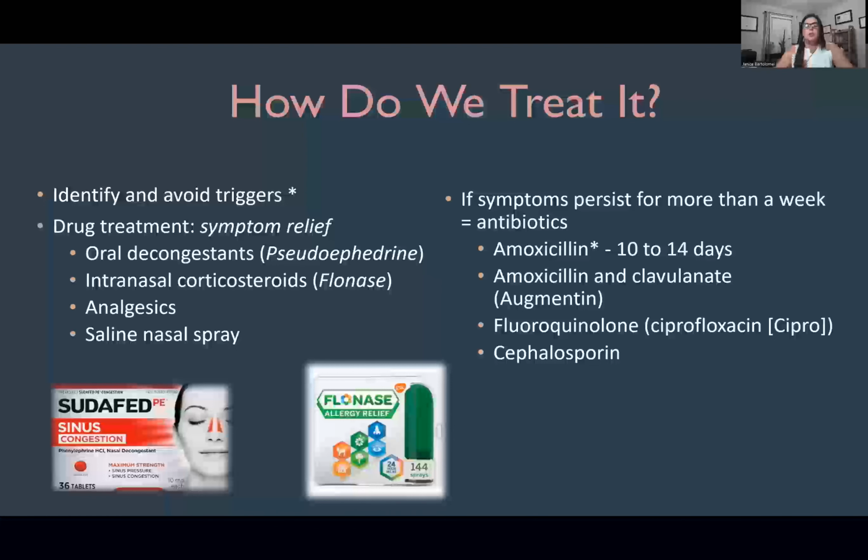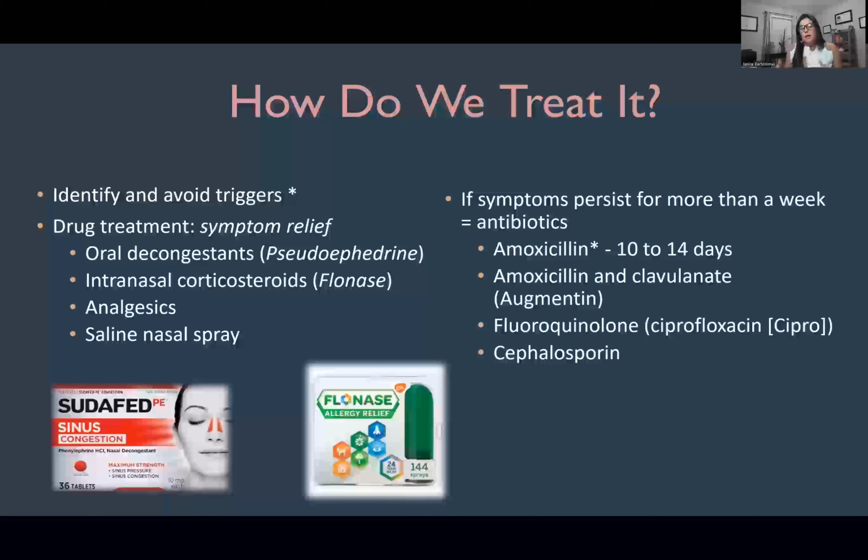But initially, what you're going to do is decongest the client with oral decongestants like Sudafed, because the sinuses are so clogged up that they can't breathe. You're going to use intranasal corticosteroids like Flonase, which we discussed previously, analgesics for pain or fever, maybe some saline spray or warm damp towel over your sinuses, or a hot steamy shower to get that steam and help the patient breathe.